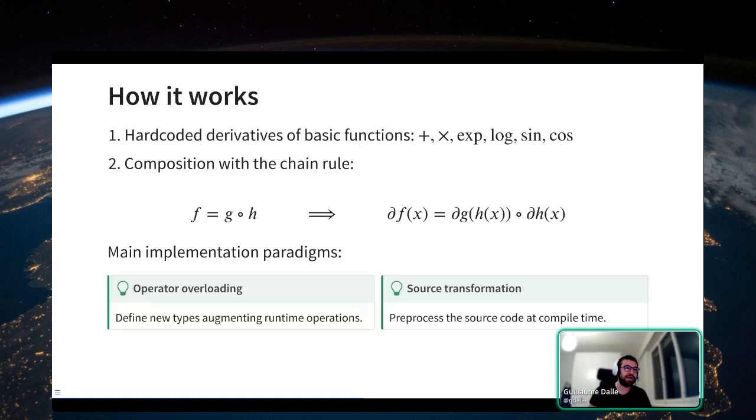This is what happens in PyTorch, where the tensors actually store their derivatives and what happens in the computations beforehand. On the other side, you have source transformation, which works in a way that is similar to a compiler. It takes the source code and pre-processes it before runtime, at compile time, to generate a new source code that computes derivatives alongside the function values. And this is, for instance, how JAX works.